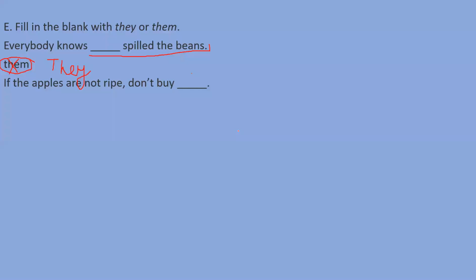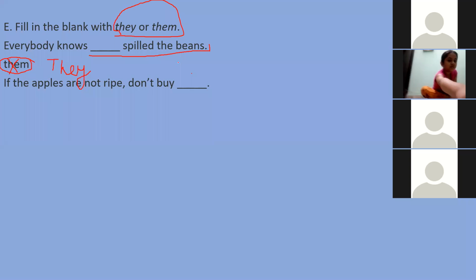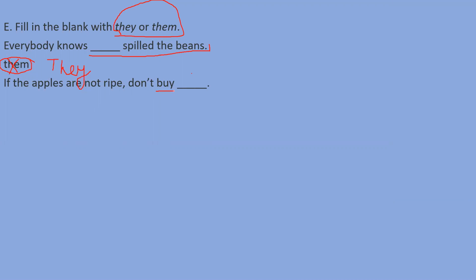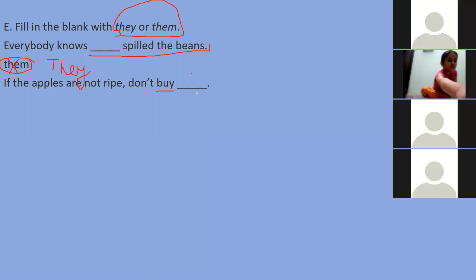We have two options, they or them. Sir, them will come. Yes, very good. Because buy is a verb, and after the verb we need to write the objective case. So them will come here, right?